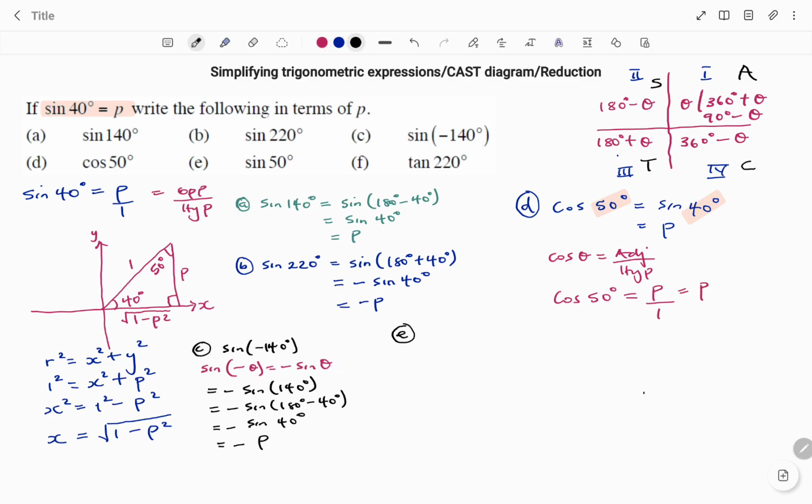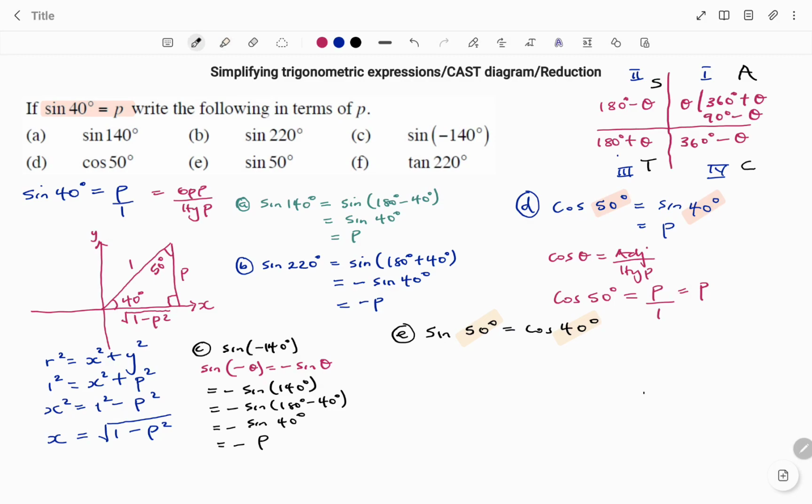For my E part, I'm to simplify sine 50 degrees like I did for cos 50 degrees. The cofunction of sine 50 degrees is cos 40 degrees, because if I add 50 degrees plus 40 degrees, that will give me 90.